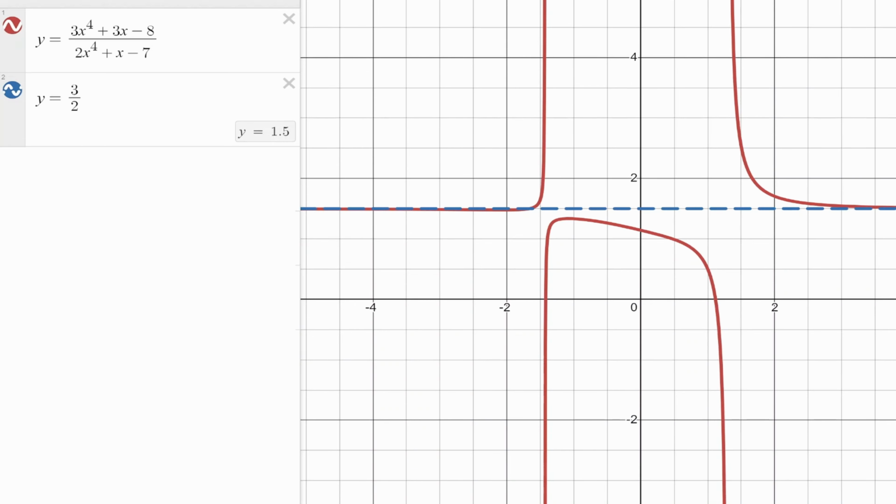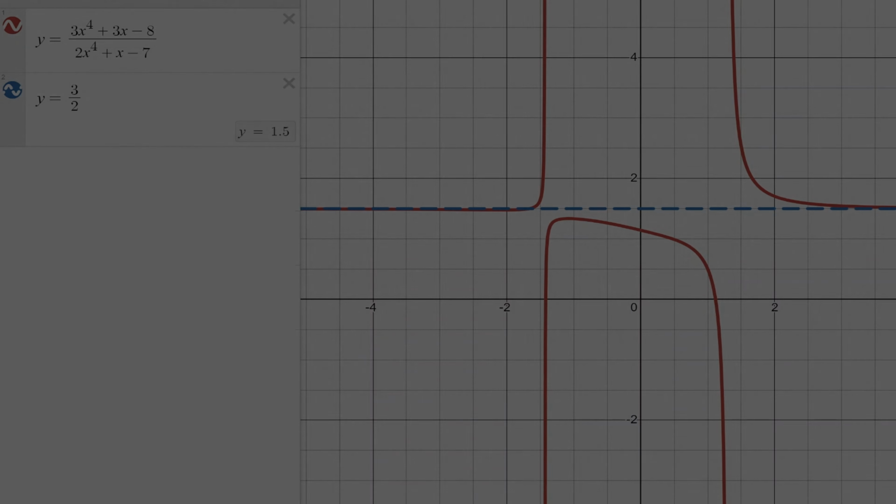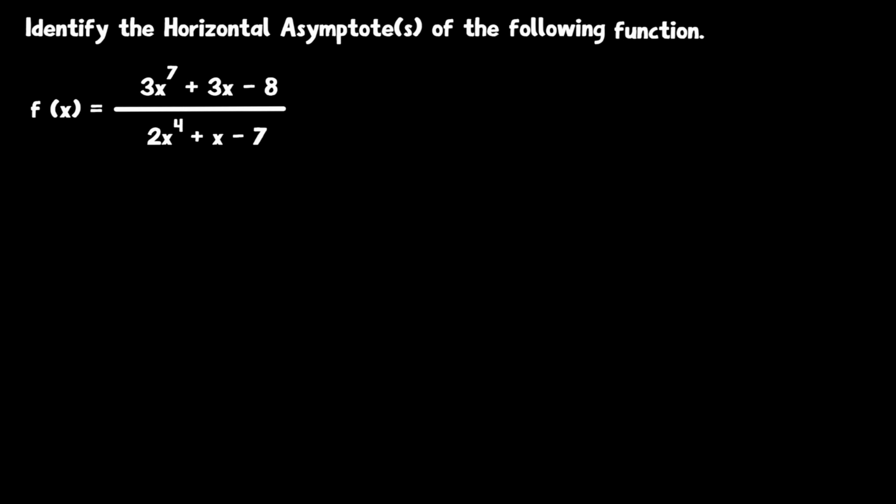Now let's look at our last example. Let's identify any horizontal asymptotes. Well, let's compare the degree of the numerator and denominator. The degree of the numerator is 7. The degree of the denominator is 4.